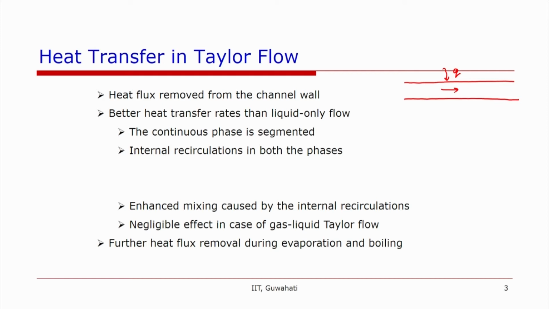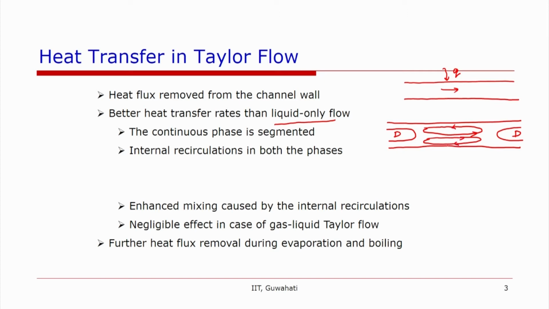They can offer better heat transfer than liquid only flow, as I just said, because the typical structure in a Taylor flow is we have the dispersed phase, these may be bubbles or droplets, and in between these bubbles there is internal recirculation in the liquid slugs.